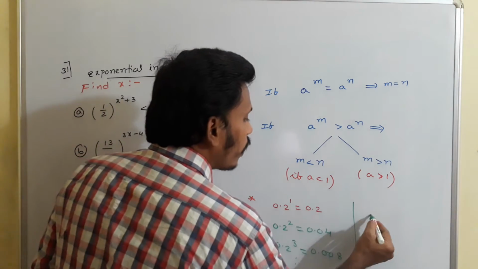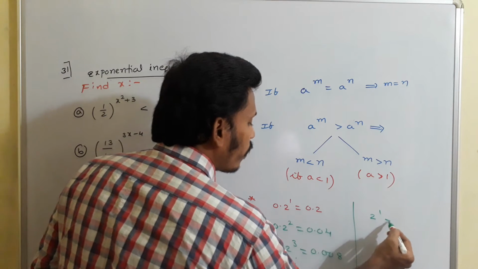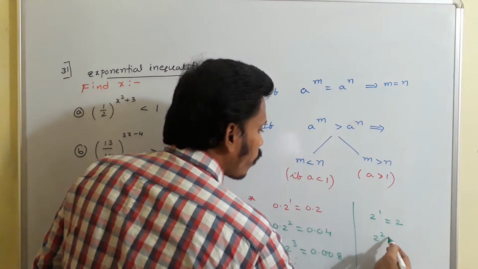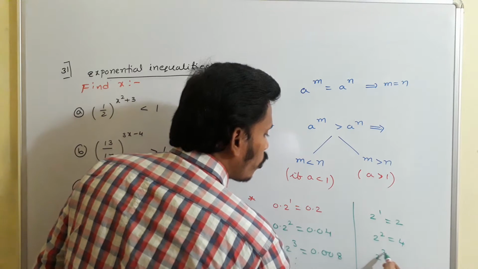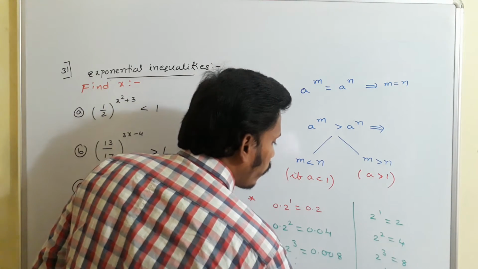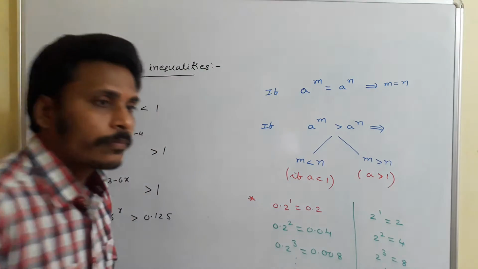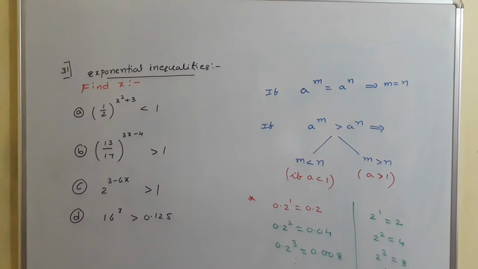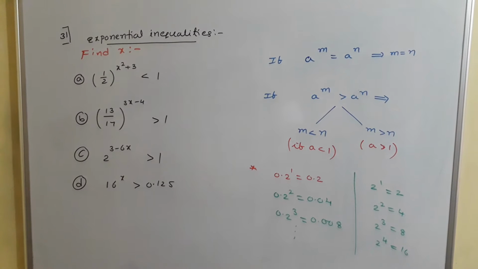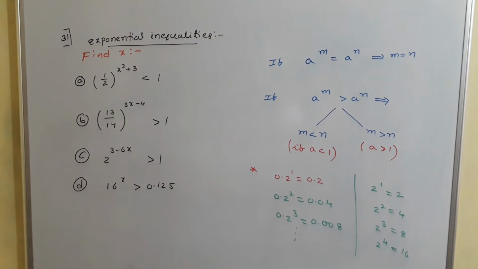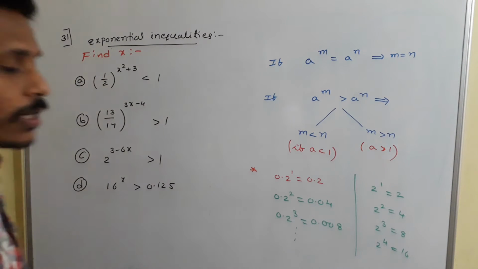Instead, if you think about 2 power 1, it is 2. 2 square is 4. 2 cube is 8. 2 power 4 is 16. Just observe here, I am raising the powers. As I am raising the powers, what do you say about the values, the exponential values, the answers?